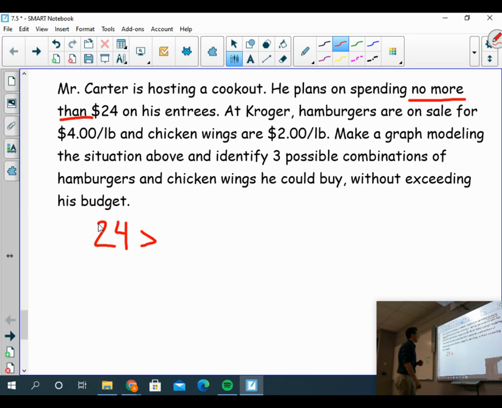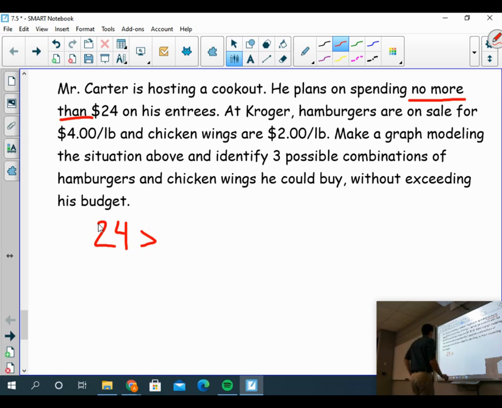So I'm going to have the open side of an inequality face the 24. Why? Because this will indicate that whatever is making up my $24, I can't exceed the $24. If you accidentally put your inequality the other way, it would indicate the opposite. It would indicate that 24 is the minimum amount that you have to spend, which is not the case.